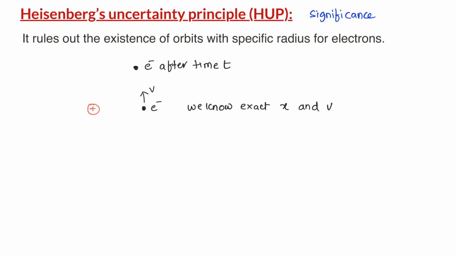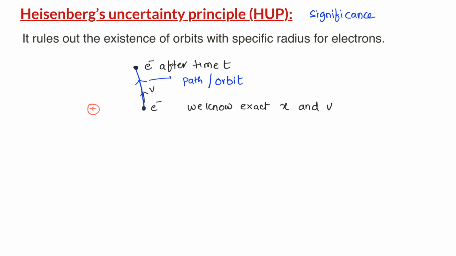This is what we call the path or orbit of the electron. But according to Heisenberg's uncertainty principle, it is impossible for an electron to have a precise position and velocity at any given instant. Therefore, it is not possible to talk about specific paths or orbits for subatomic particles like electrons.